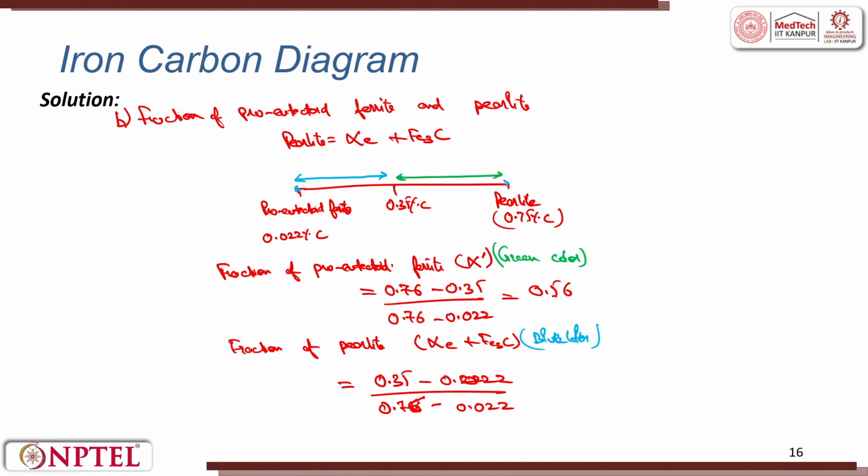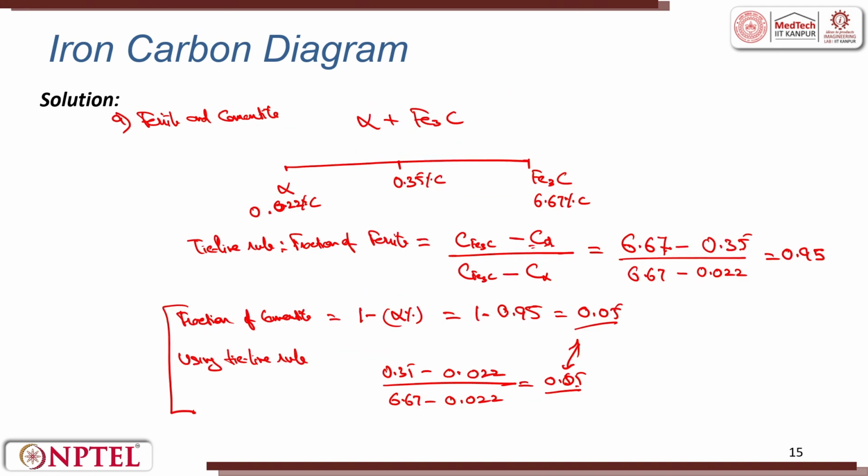So, this value comes to be 0.44, and the remaining one, 1 minus 0.44, is 0.56. So, we can keep calculating anything that is asked.